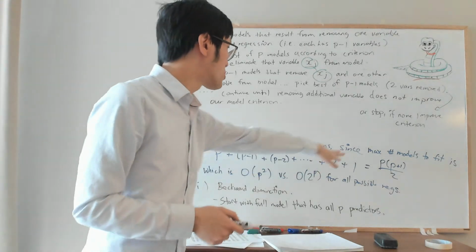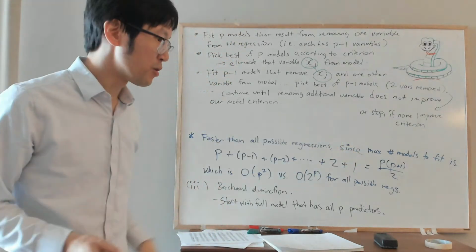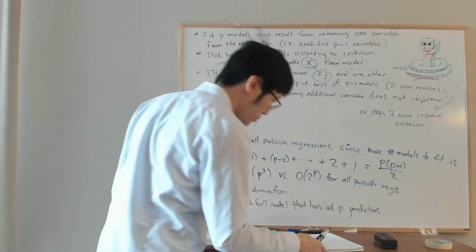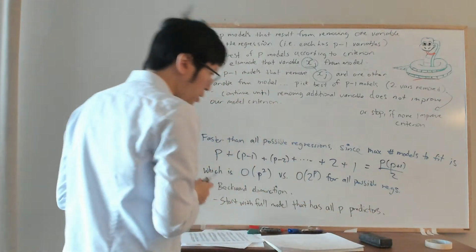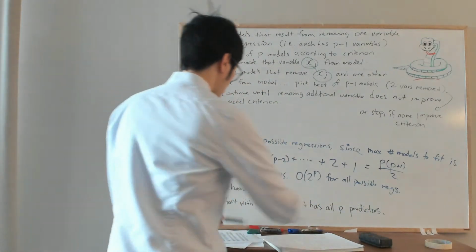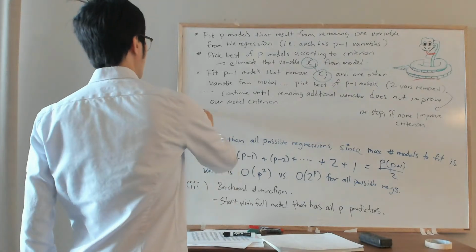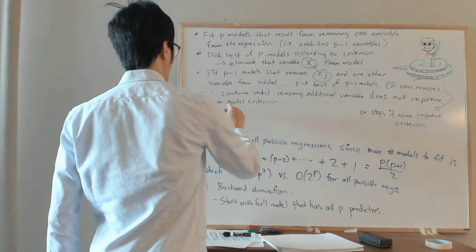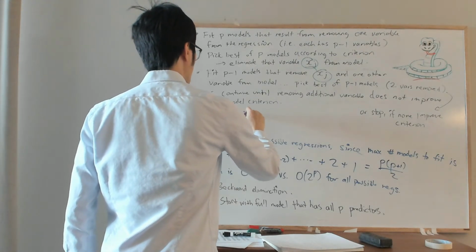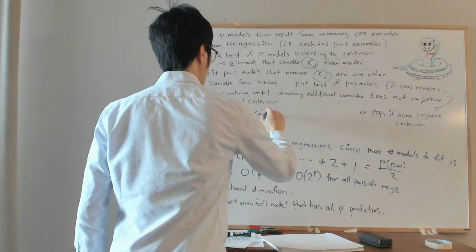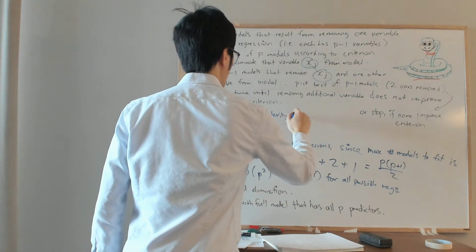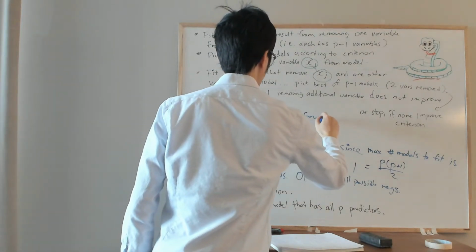So at most, again, we're fitting an order P squared number of models. Same computational complexity as forward selection.